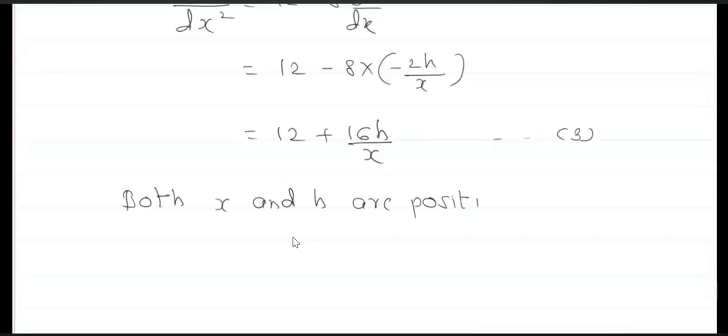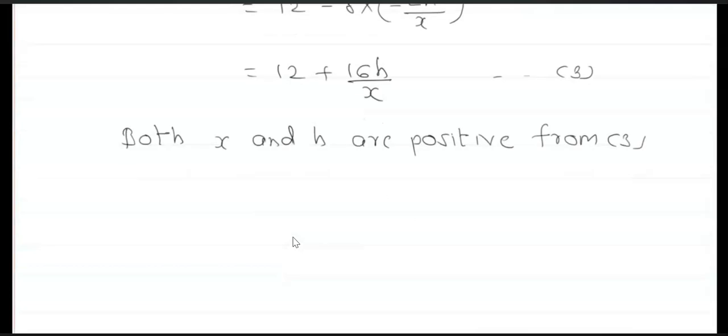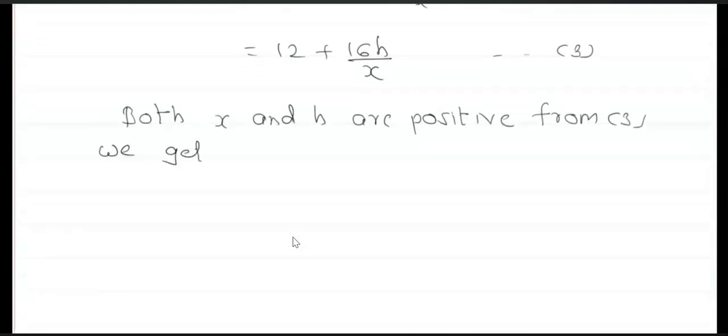Now x and h both are positive, and the second derivative is greater than 0. d2s upon dx square, by mistake it was written as t.